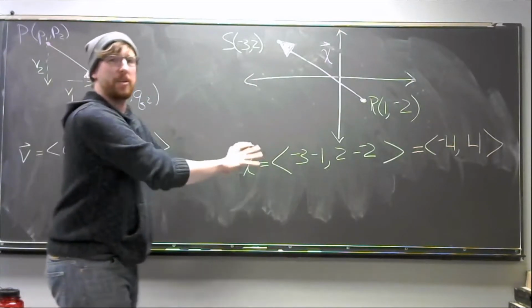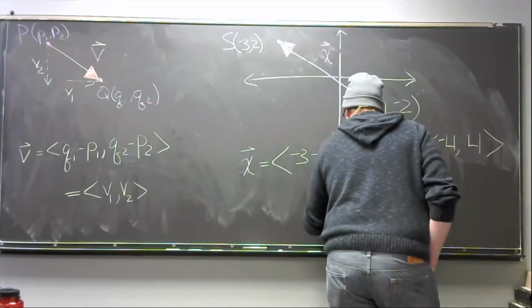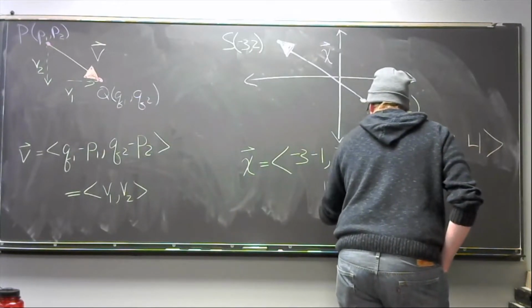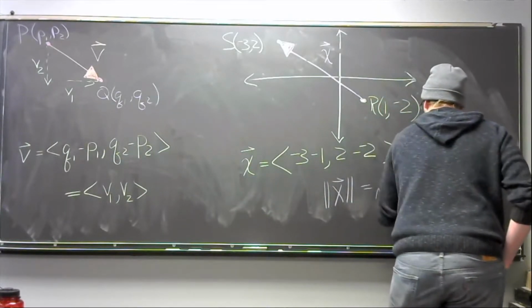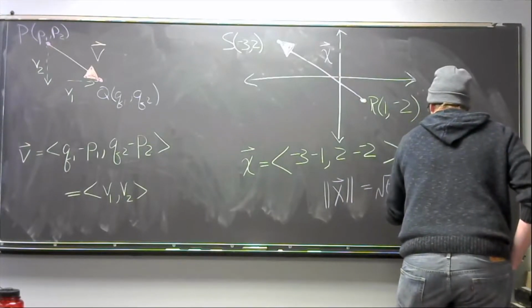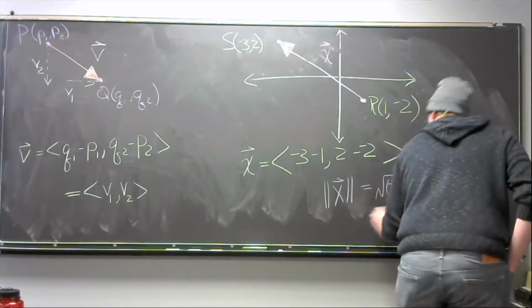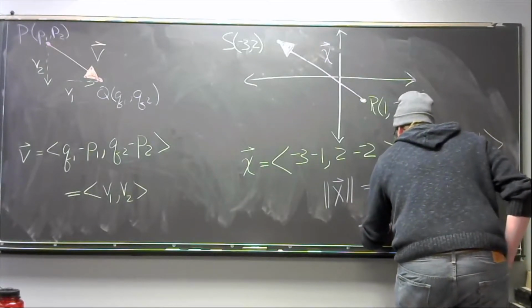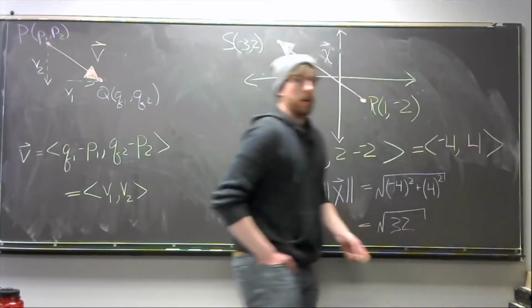If I want to know the magnitude of x, it's going to be the square root of negative 4 squared plus 4 squared, which in our case is the square root of 32.